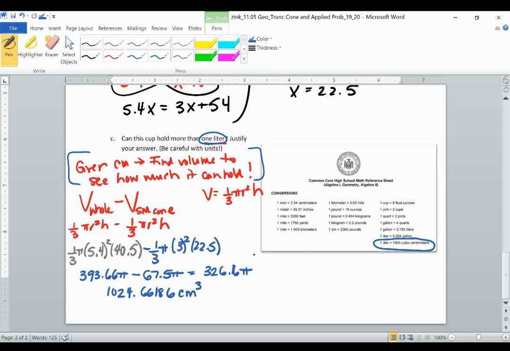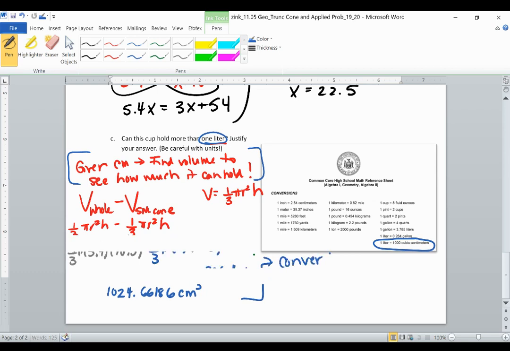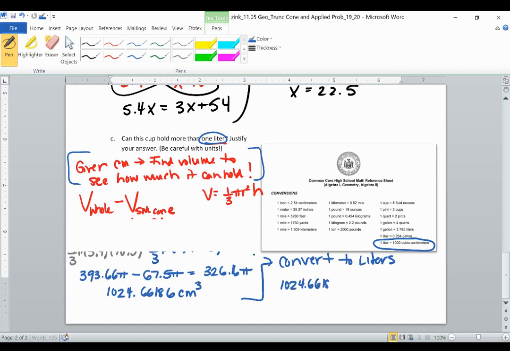So I'm going to convert this to a liter now, although you might be able to tell just by looking because you see that it's over 1,000. But let's convert it just to get that exact amount of liters. So convert to liters using that. So I'm going to take, and you may not need to use the picket fence method. You might just realize, oh, well, I know I just need to divide. And this is cubic centimeters.